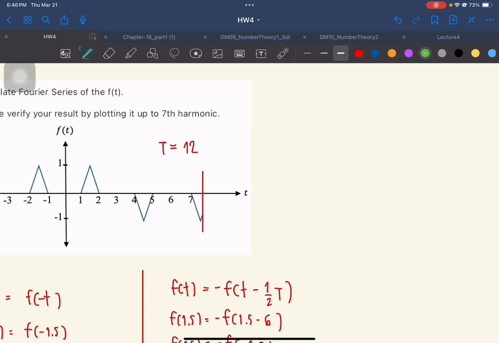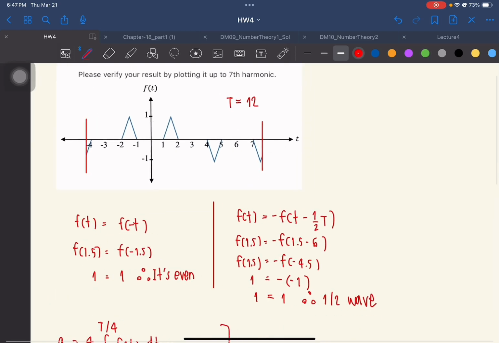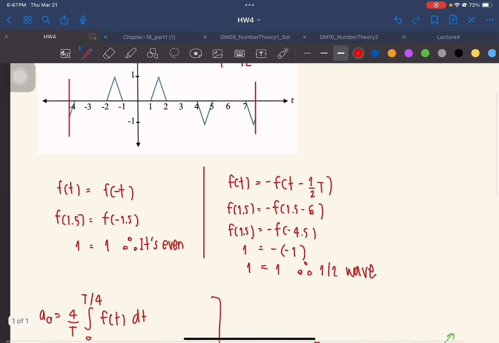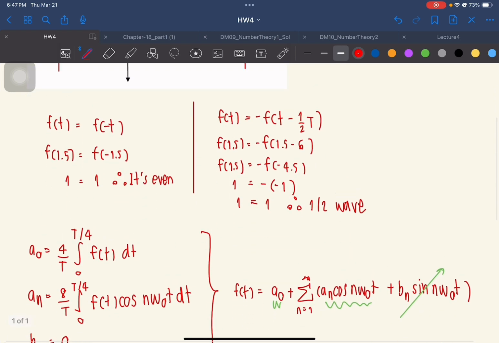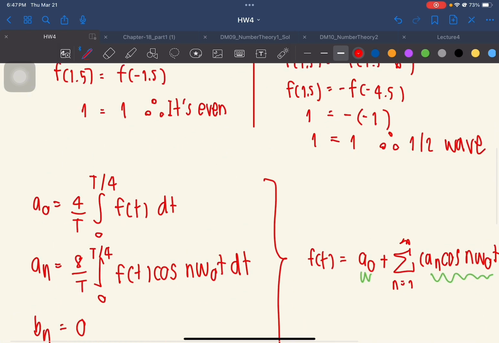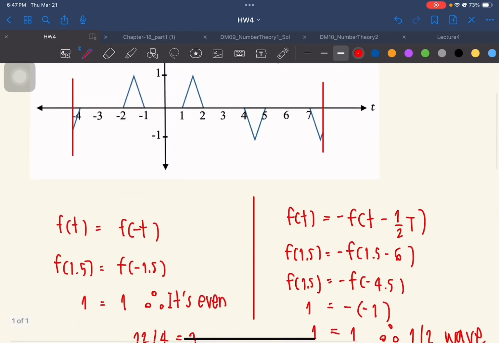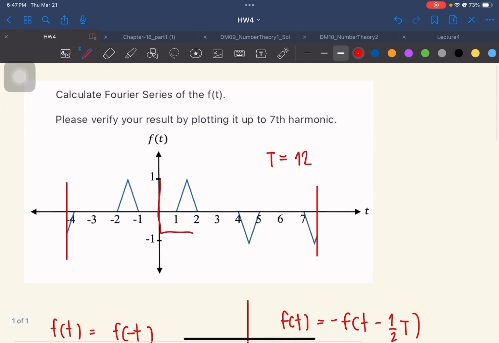For the function, we will use the boundary between 0 until period over 4, right? Period over 4 is 12 over 4, which is equal to 3. Okay, we will think about this part.